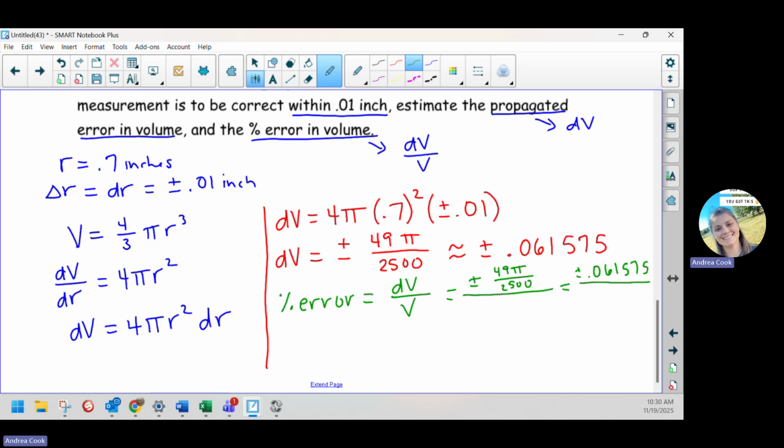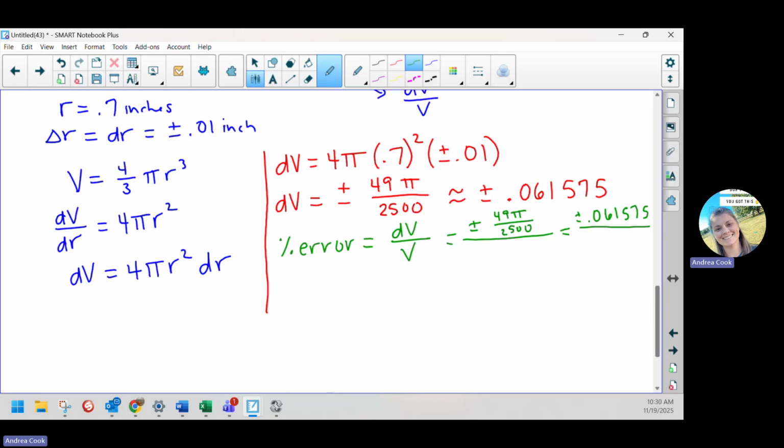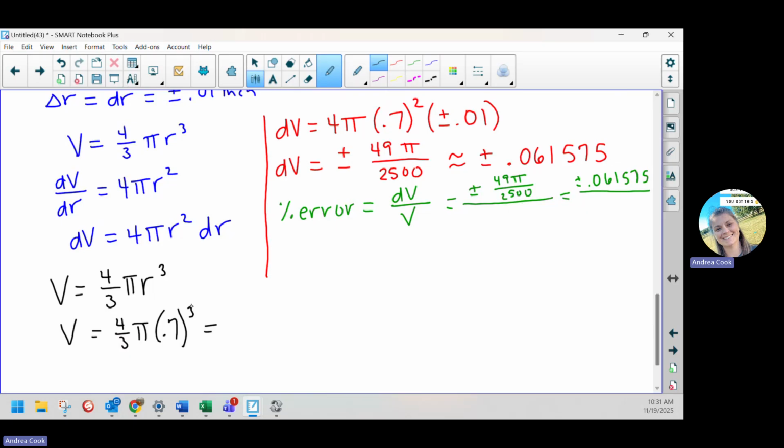And now we need to find V. So V is the original volume. So let's go, volume is 4/3 pi r cubed, and r was 0.7. Again, when you type that into your calculator, leave out the pi, change it to a fraction.